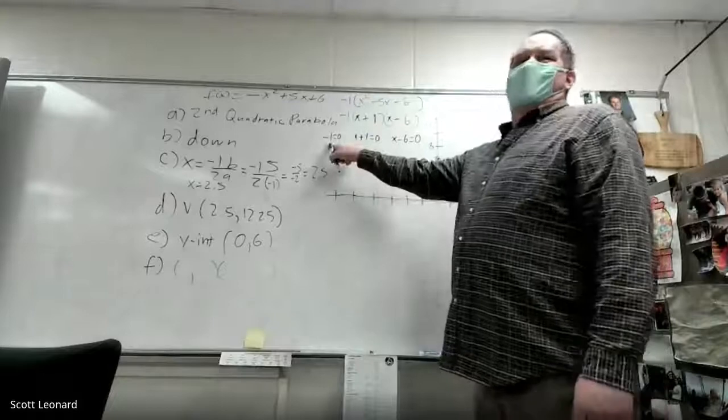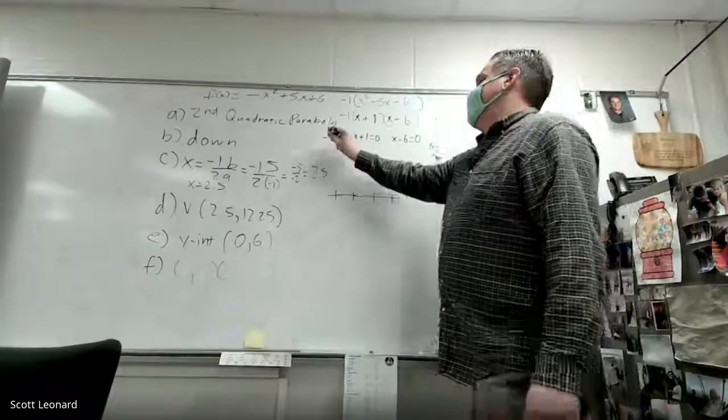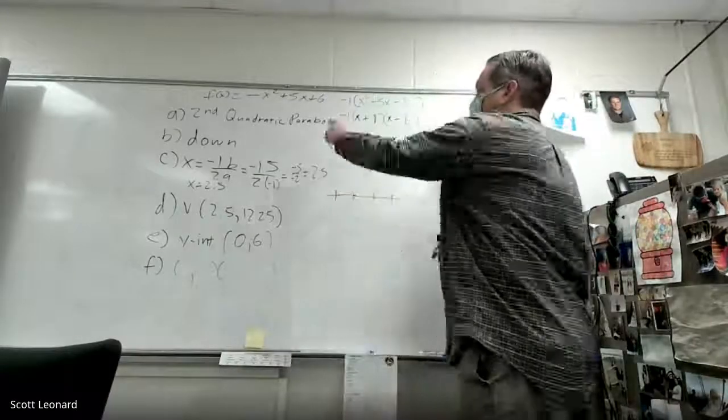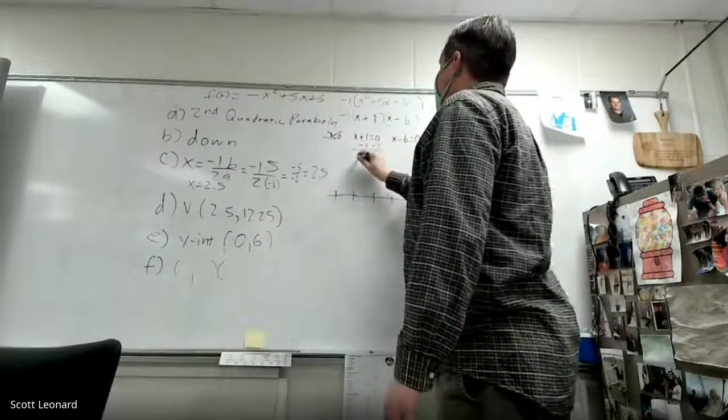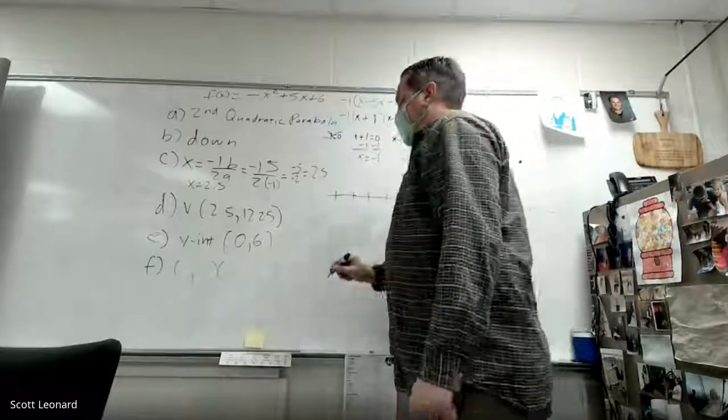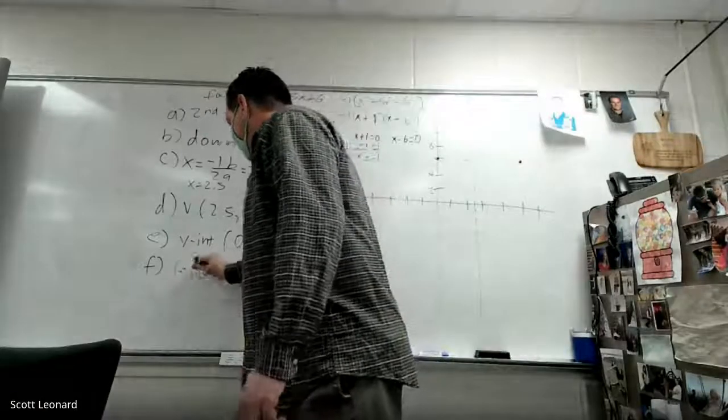What do we do with -1 equals 0? Just cross it off. It's not really there. It affects the up and down. I'm going to subtract 1. x equals -1. One intercept is at (-1, 0).